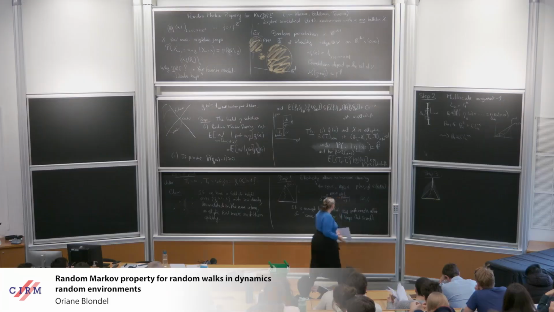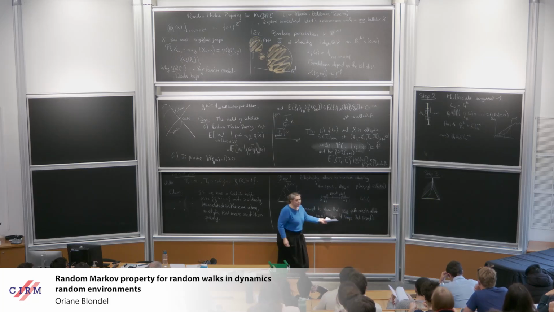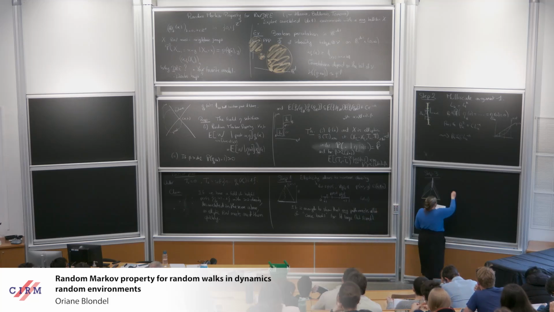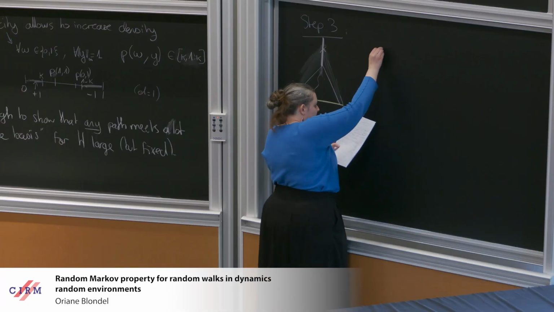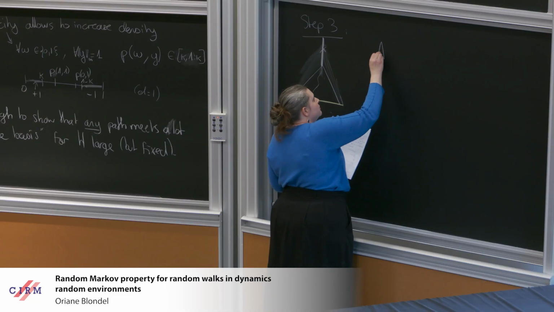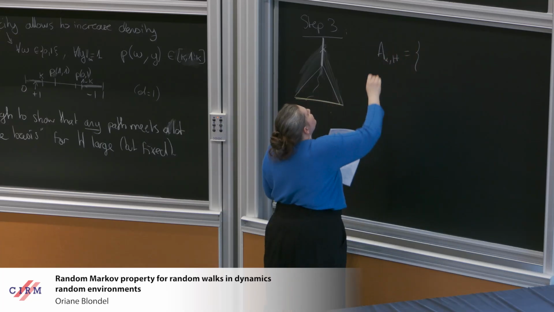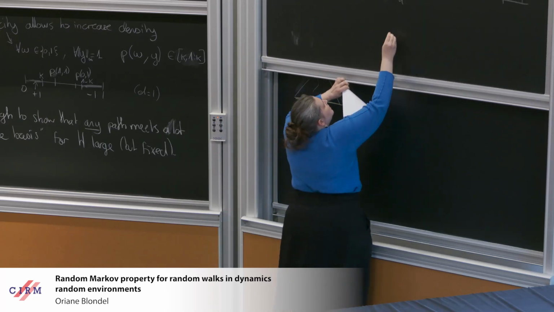Okay? And I want to argue that if I draw my picture like this and I color this basis green, then any path is going to meet grid points, a lot of grid points. And then that's where you have to do a multiscale that is not so simple, but you want to look at the event A_k^h. So that's for h large enough.